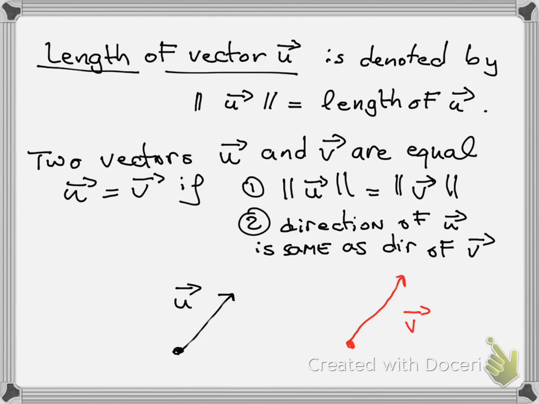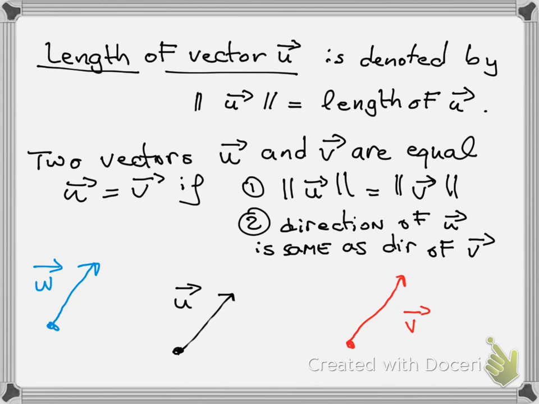You can have more vectors like this. For example, you can have this vector here, let's call it w. Again, w has the same direction as u and v, and it has the same length.